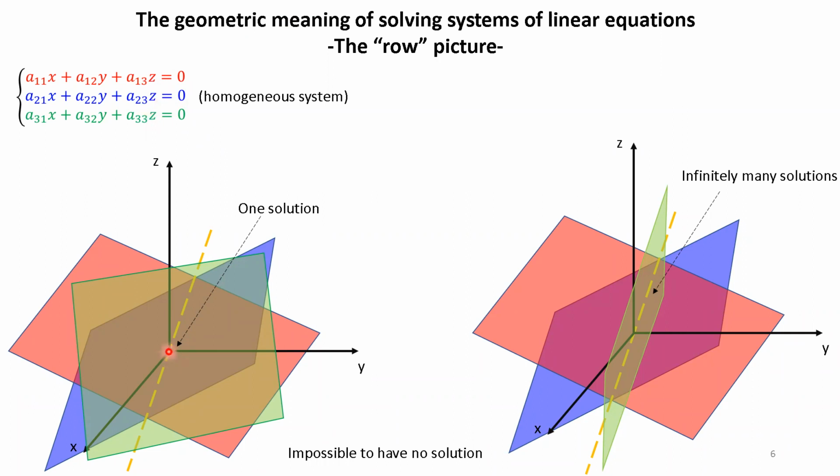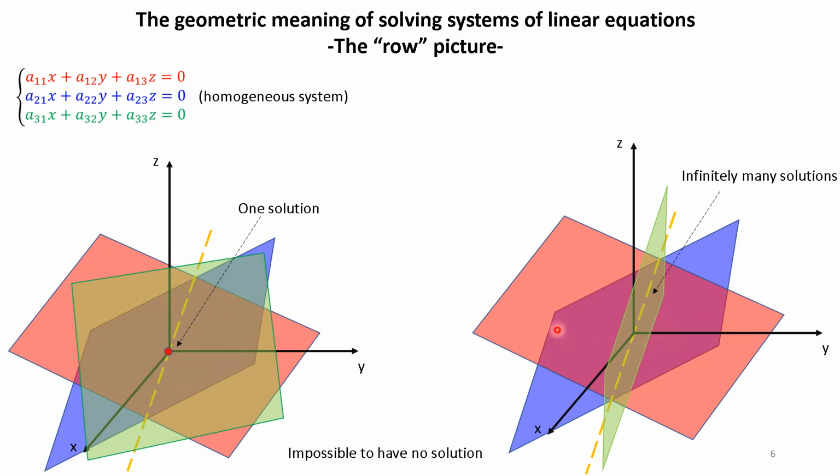So no matter what orientation you have for each plane, since they all have to pass through the origin, you at least will have a solution, which is the origin of the coordinate system.